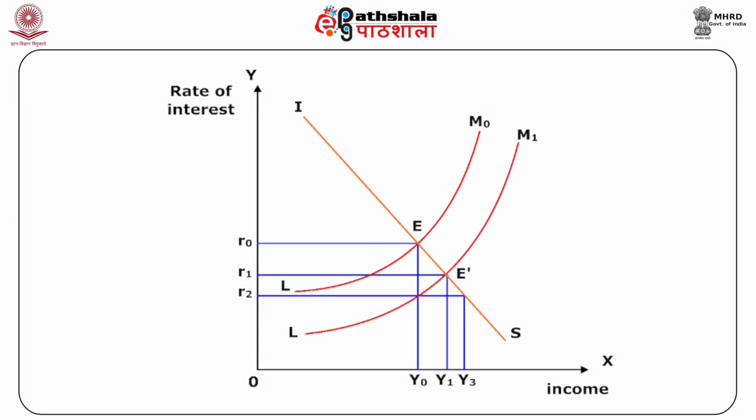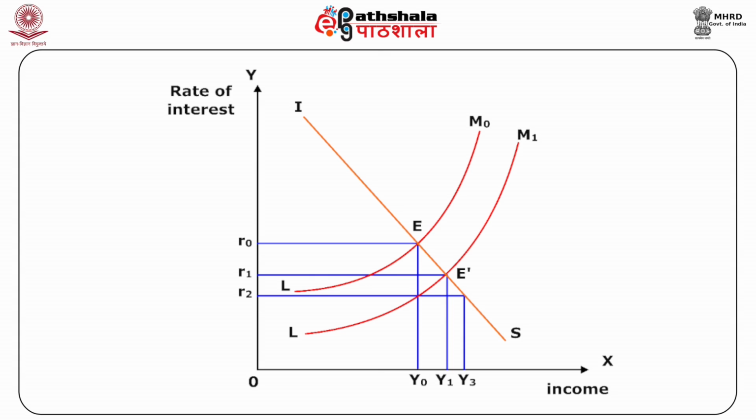But let us just consider if there was no change due to the LM, what would happen? If the rate of interest were to remain R2, then if the rate of interest is lower, we would expect that the income could actually increase up to Y3.